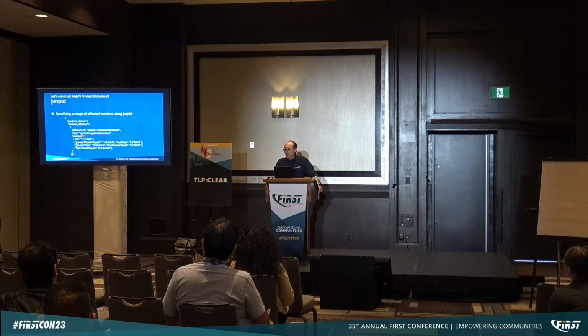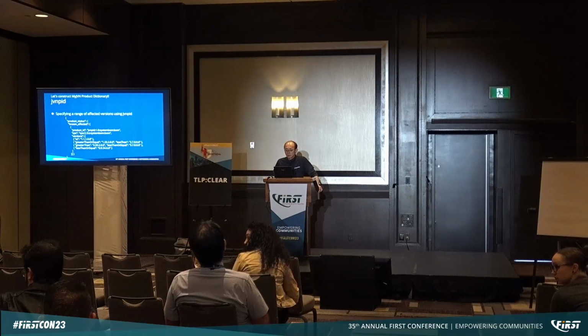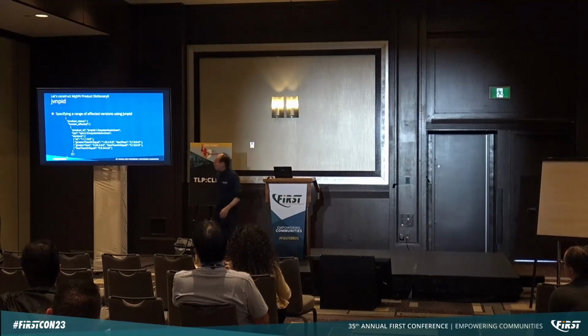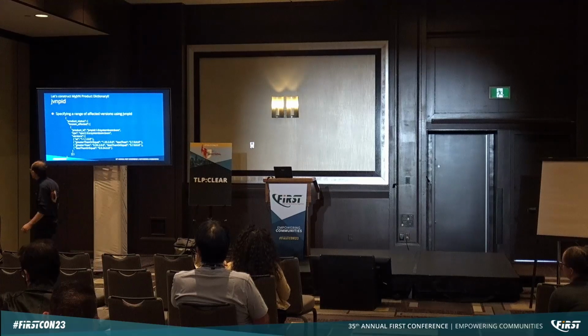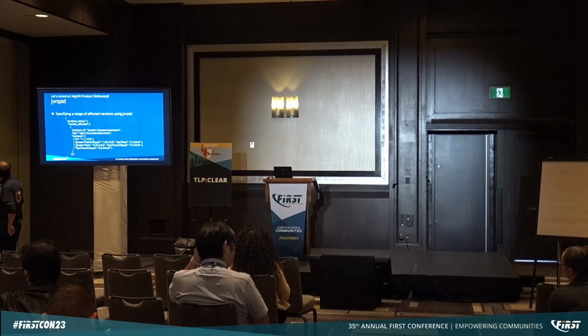Is that okay? So my next question then would be, you said you can assign JVN PIDs, but it still relies on human readable names, if I see that correctly.